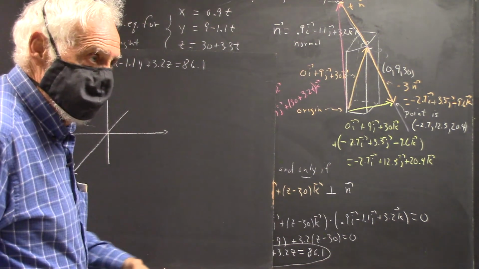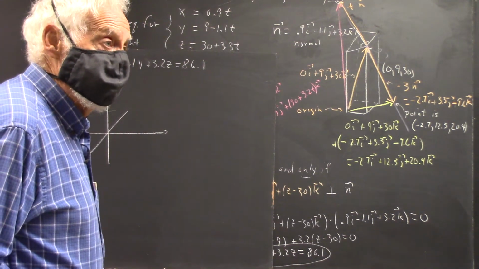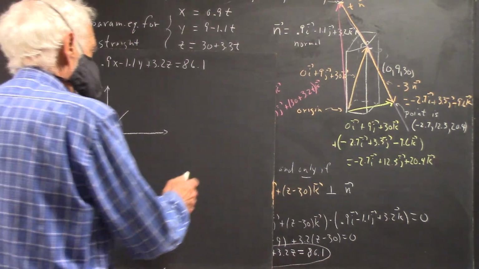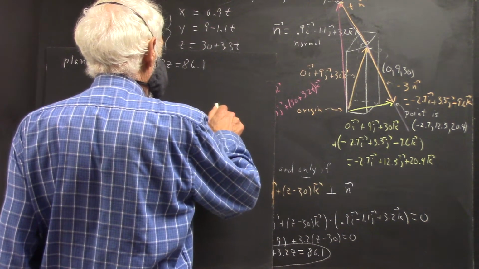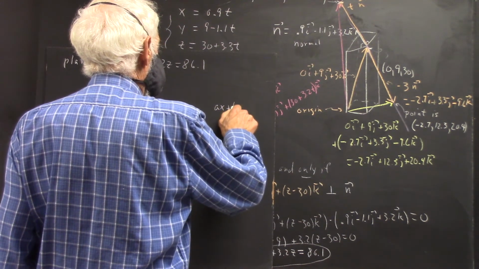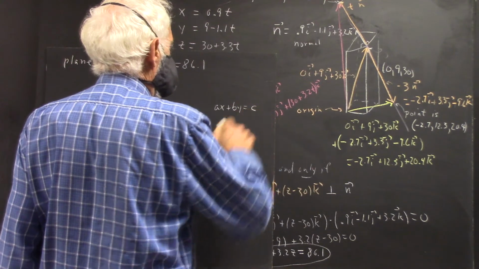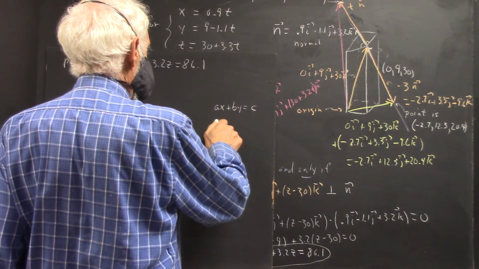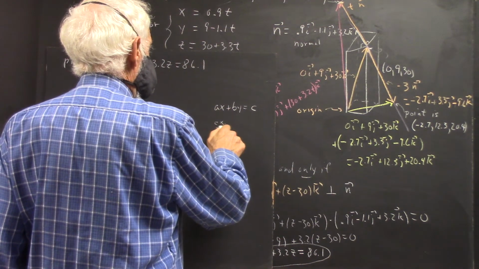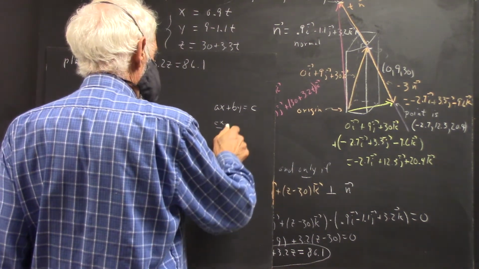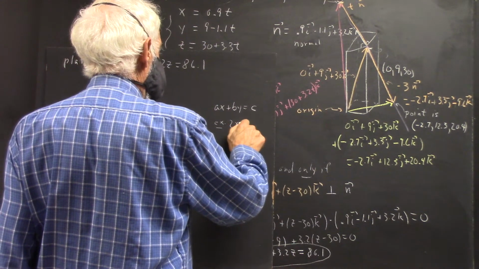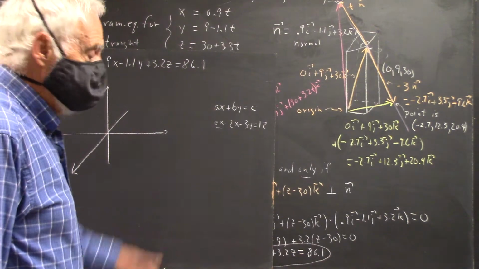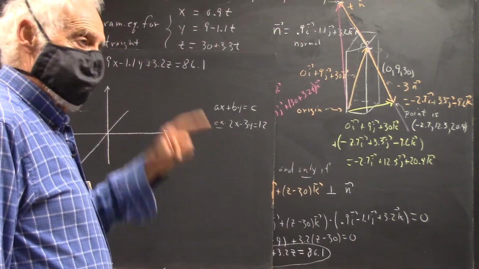Just to make an analogy with the standard form of an equation of a straight line, or at least one of the standard forms, it's like ax plus by equals c. I'll do this in numbers. For example, you got 2x minus 3y equals 12. What's the x-intercept? Just think it, don't say it.